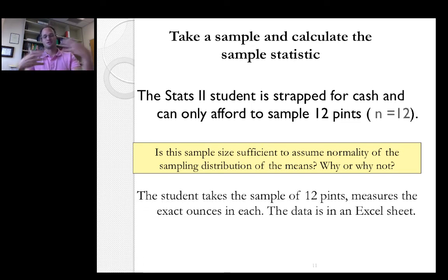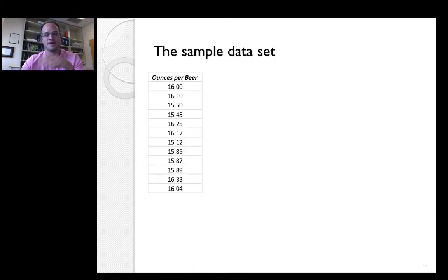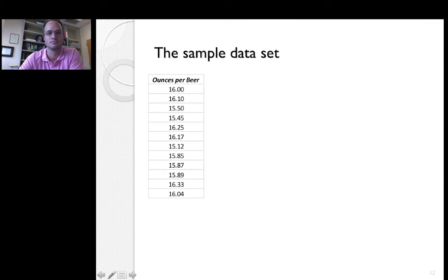So the student takes the 12 pints, here they are, legitimate pints of beer, measures the exact ounces in each, and this data is listed in a column in Excel. So this is our data set. These are the 12 ounces of beer.